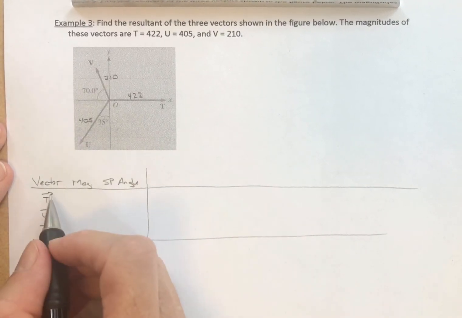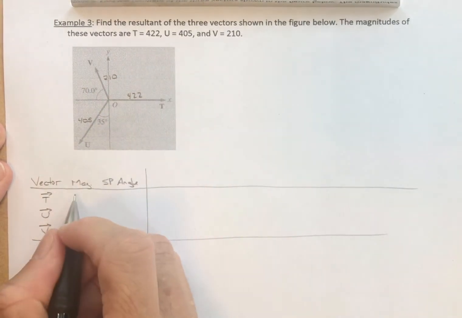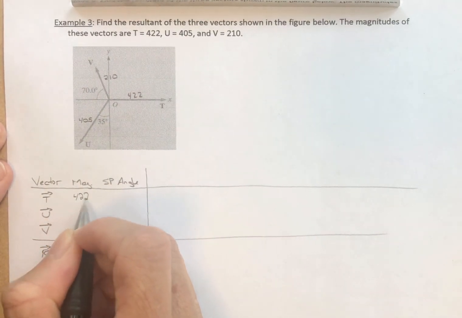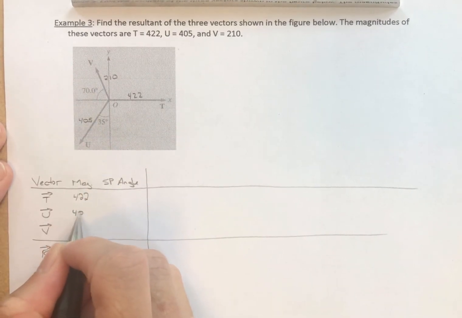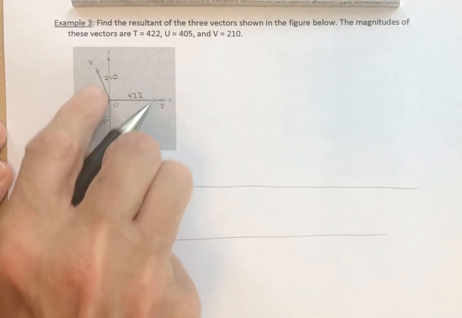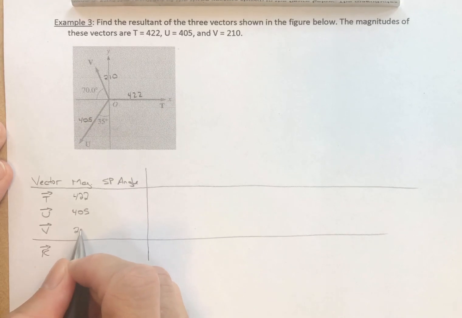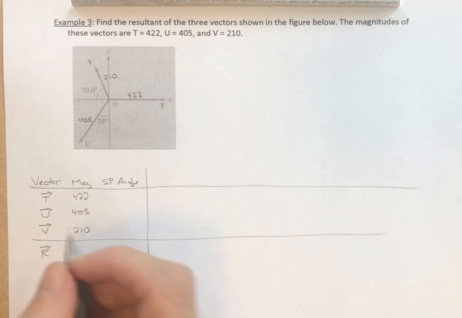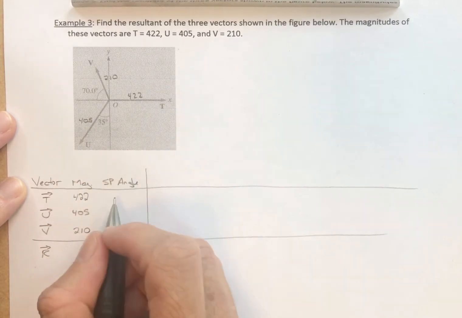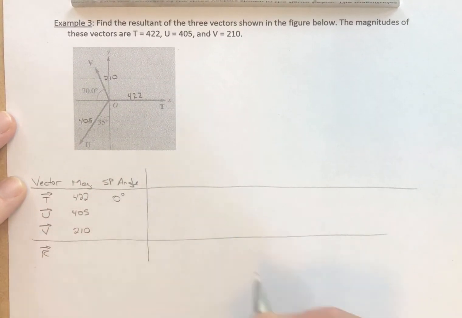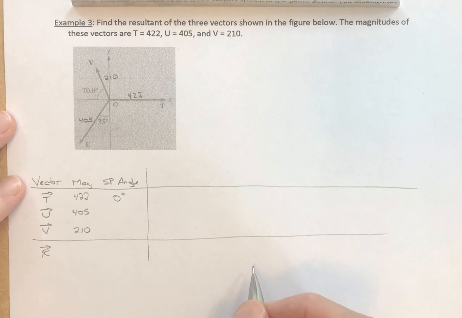Magnitudes: the magnitude of t is 422, the magnitude of u is 405, and the magnitude of v is 210. Okay, no problem there. Standard position angle: well, t is on the x-axis. Its standard position angle is 0 degrees.